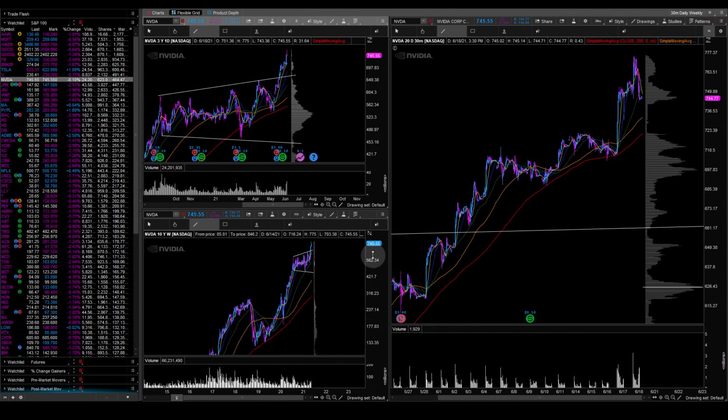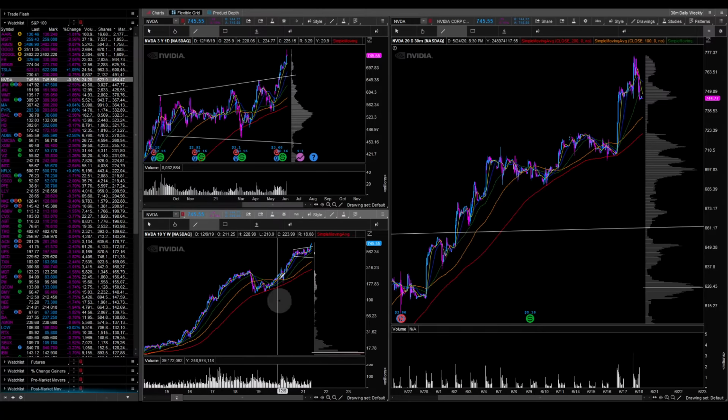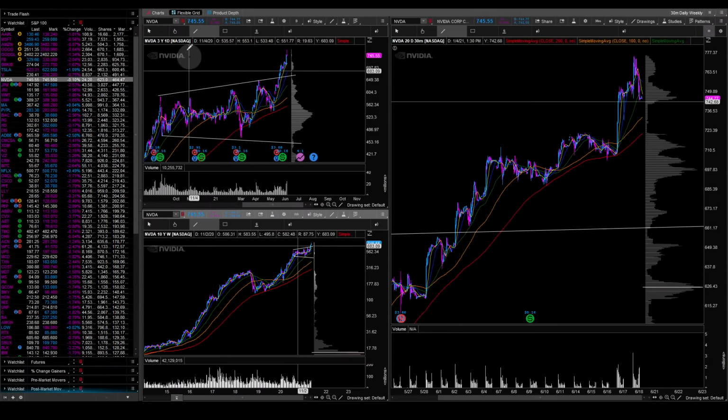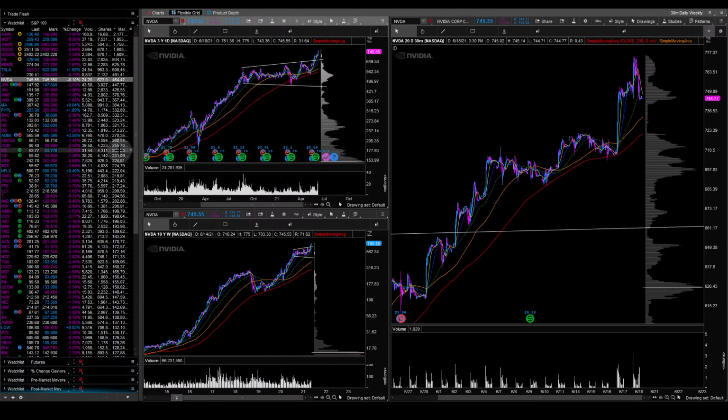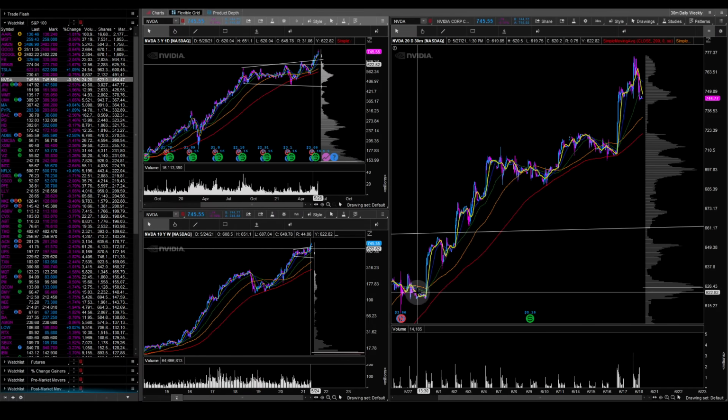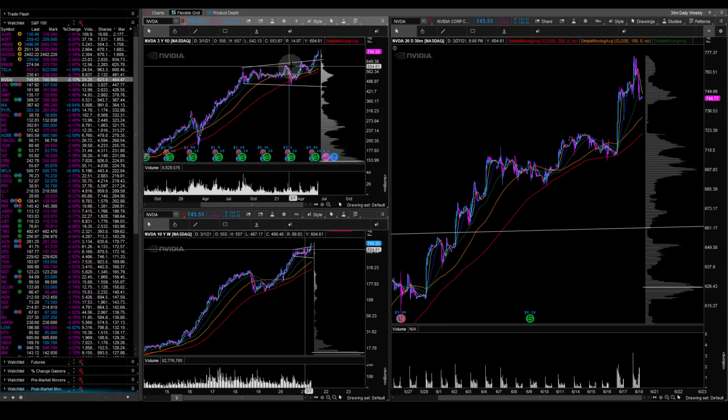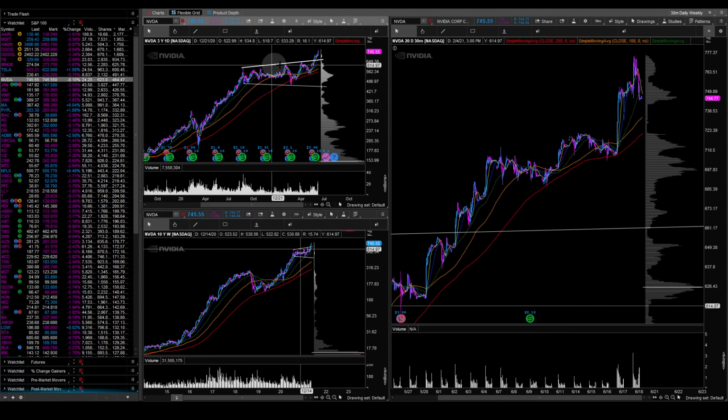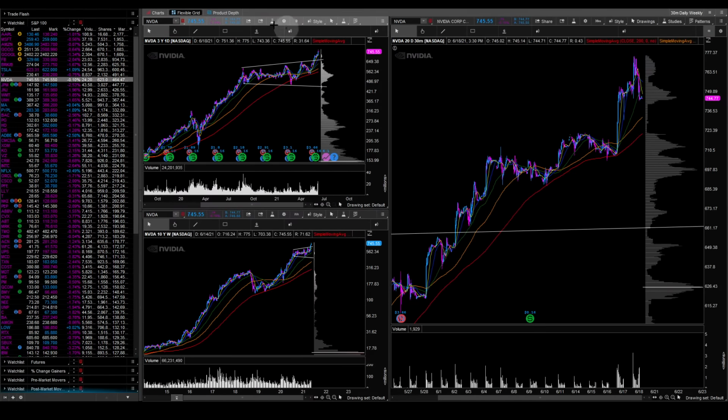Let's see on this. Comparing it to Boeing. And we have this expanding symmetrical broadening formation, megaphone pattern, right?